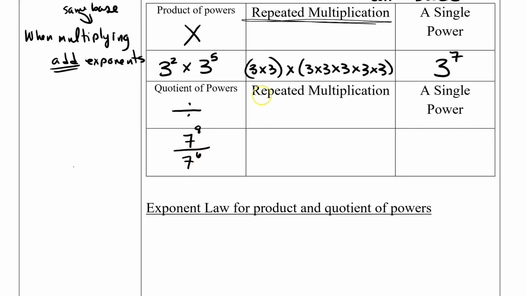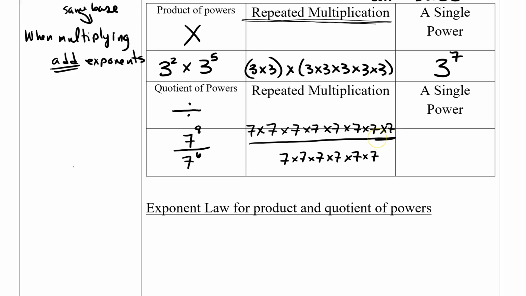So on the top we have 7 times 7 times 7 times 7 times 7, 1, 2, 3, 4, 5, 6, 7, 8. Divided by 7 times 7, and then times 7, times 7, 1, 2, 3, 4, 5, times 7.